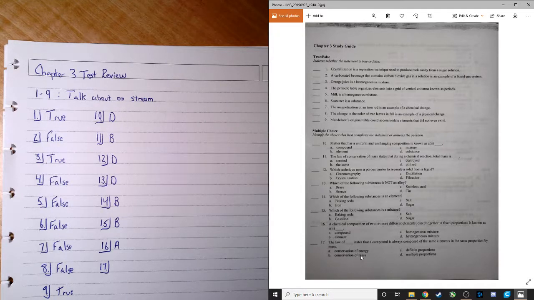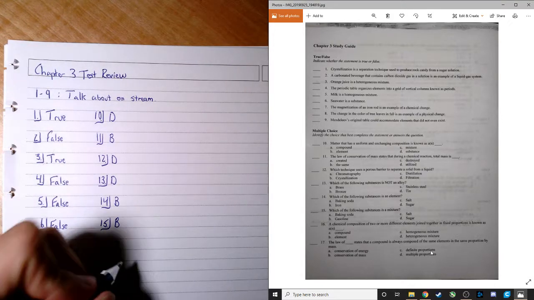It's not the conservation of mass. It's not multiple proportions. It's in fact definite proportions. Meaning a compound is always composed of the same stuff in the same proportion. So it's definite proportions. Choice C.